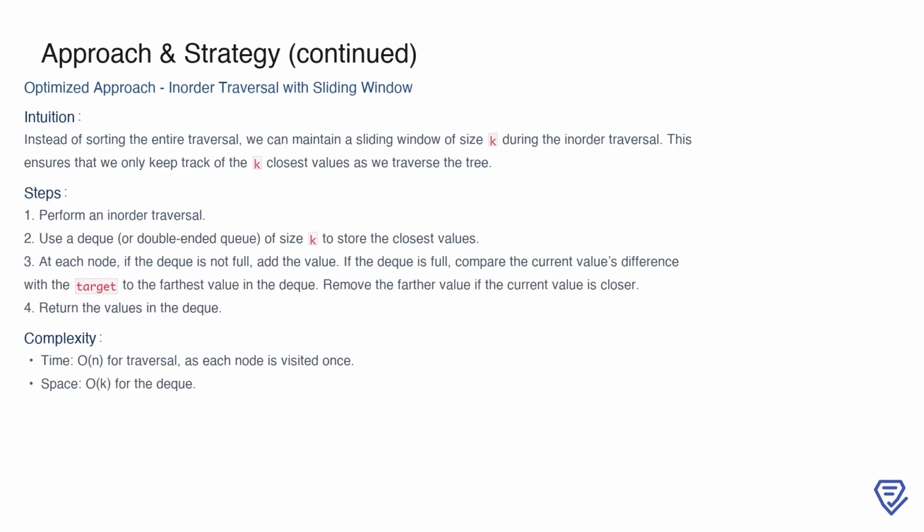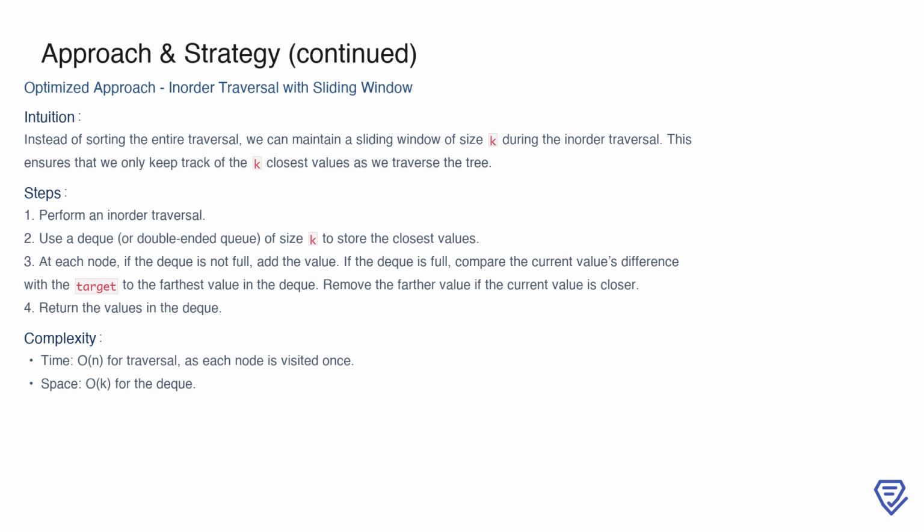To address the inefficiencies of the brute force approach, we can use an optimized method called inorder traversal with sliding window. The key idea here is to avoid sorting the entire traversal result. Instead, as we perform an inorder traversal, we maintain a sliding window of size k to track the k closest values to the target. Using a deque, or double-ended queue, we dynamically add or remove values based on their proximity to the target.